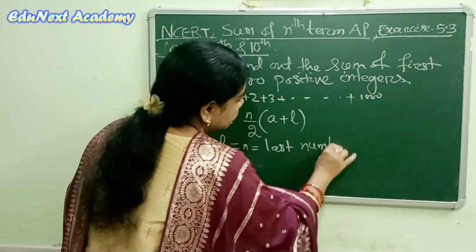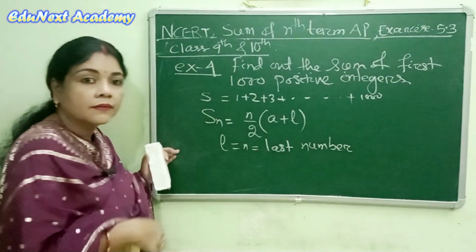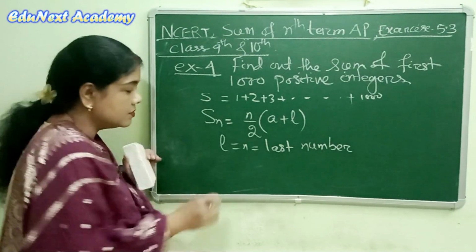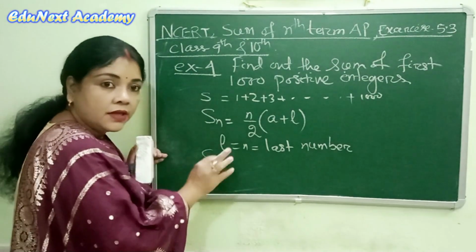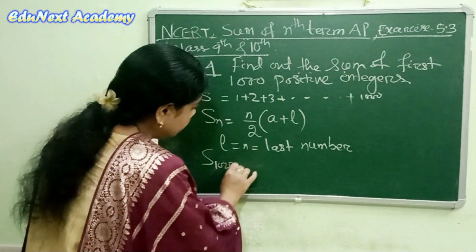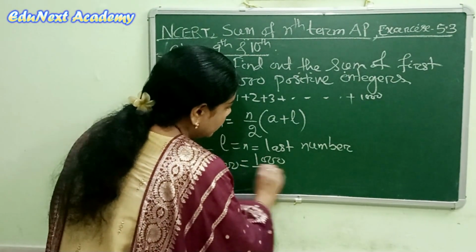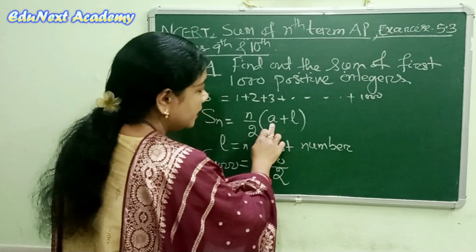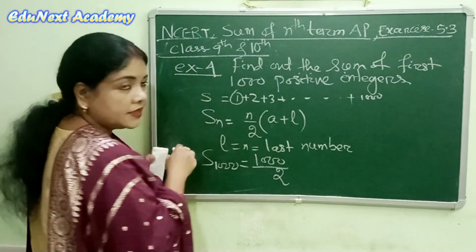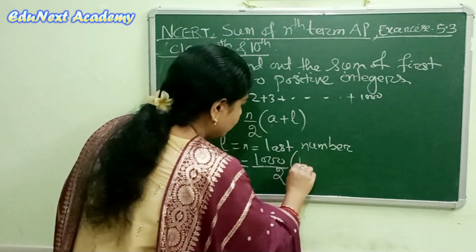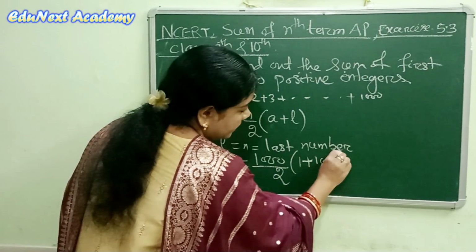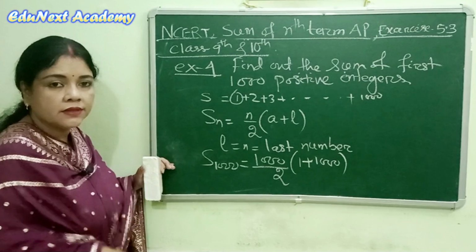So S1000 is equal to 1000 by 2 into first number a, here 1, plus 1000.